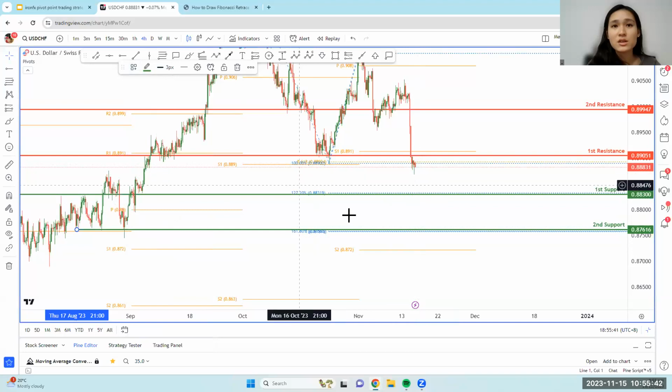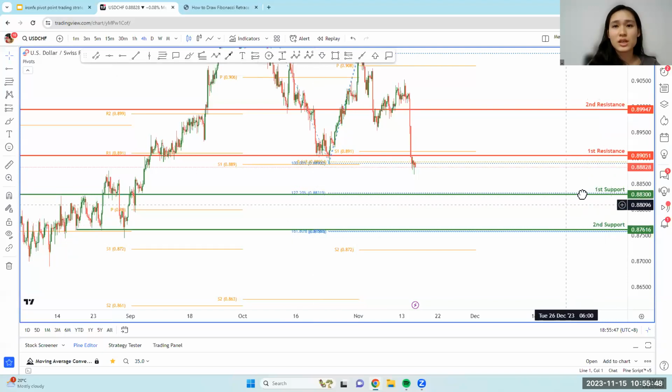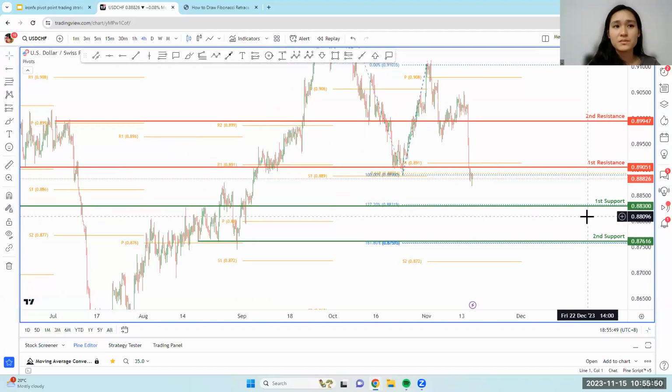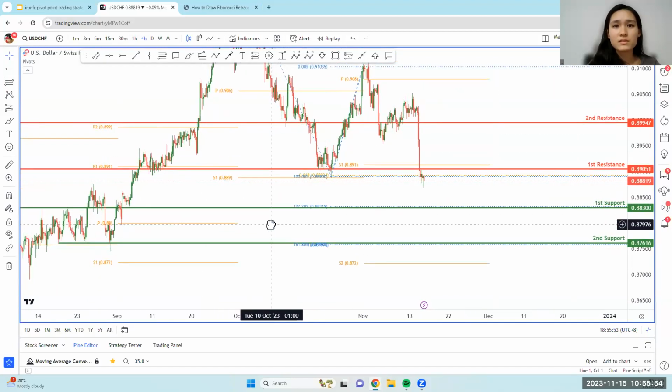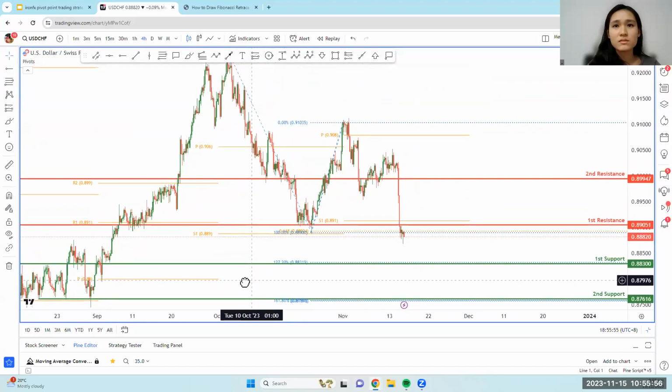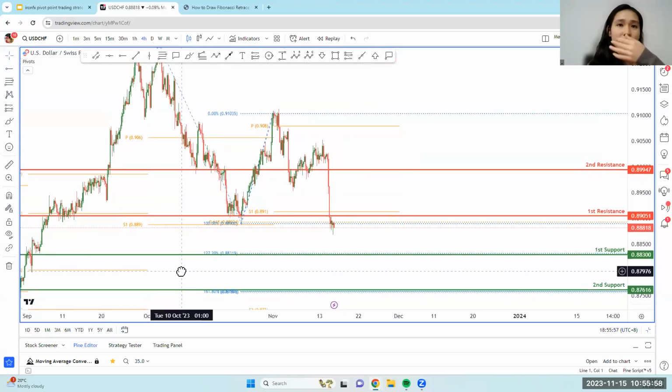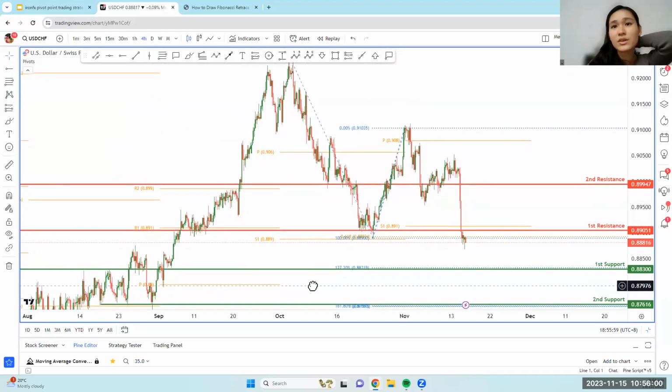So when price surpasses our 127.2, we can expect it to drop to our second support. Okay, yeah, I think that's all the levels that we have.